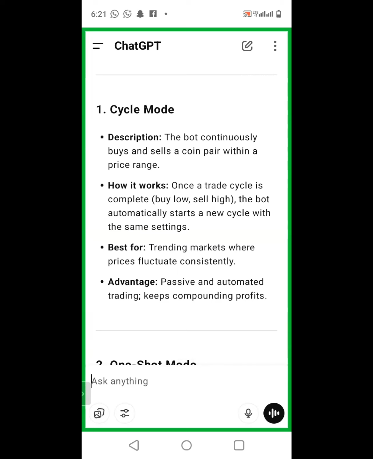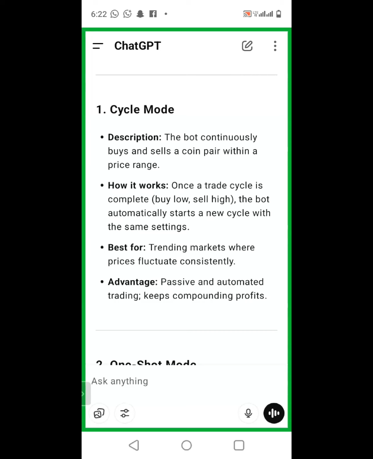When you see cycle in your trading robot and you click on it, it means that you want continual buying and selling of a particular coin within a price range. This cycle is useful where you see that the coin you are trying to pick is really moving in the market, there is high demand for that coin.